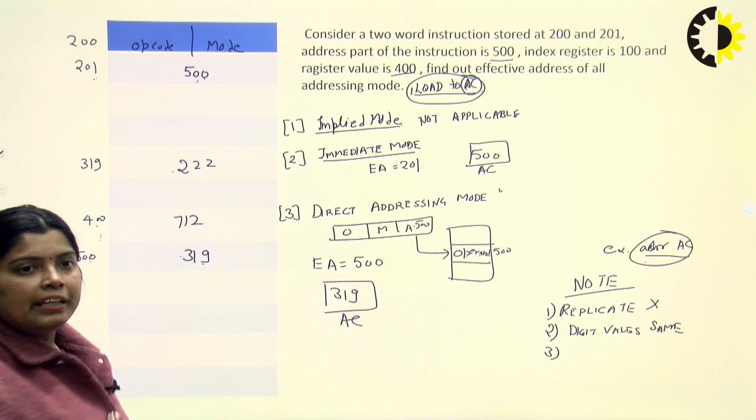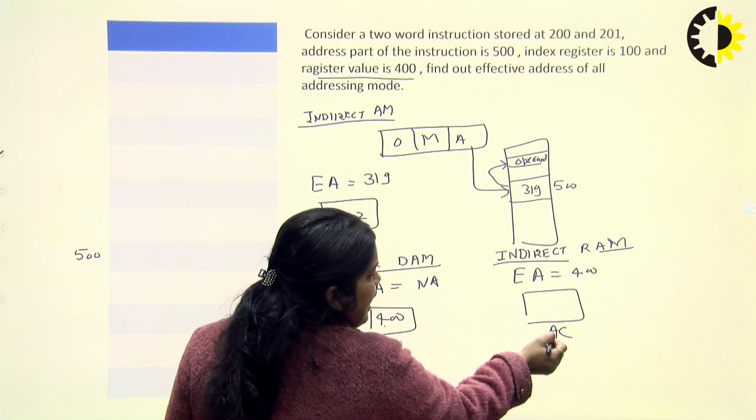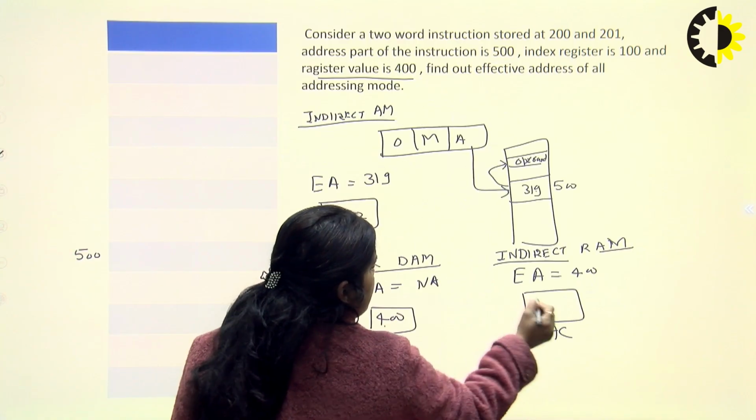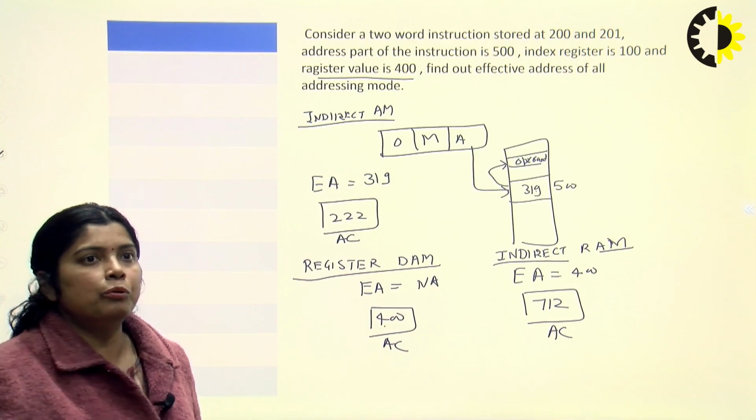So this particular 400 will be the effective address, and here 712 is the operand. This is the indirect addressing mode.